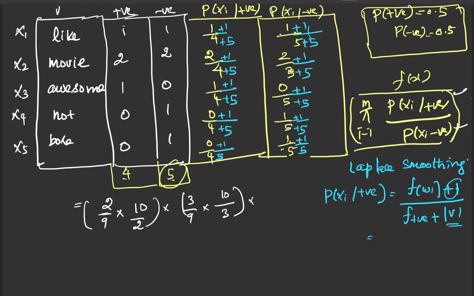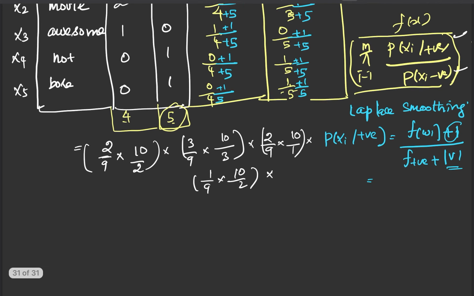Similarly, for the third one it is 2 by 9, 10 by 1, and then for the next one it is 1 by 9, 10 by 2, then finally 1 by 9, 10 by 2.